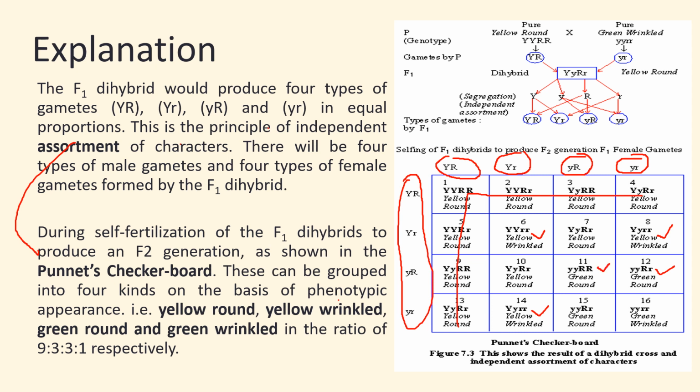Green round, green round. And again, you can find the green wrinkled here, only one individual. This is also yellow round. So this is how phenotypically the ratio is 9 is to 3 is to 3 is to 1: 9 yellow round, 3 yellow wrinkled, 3 green round, and 1 green wrinkled individual.